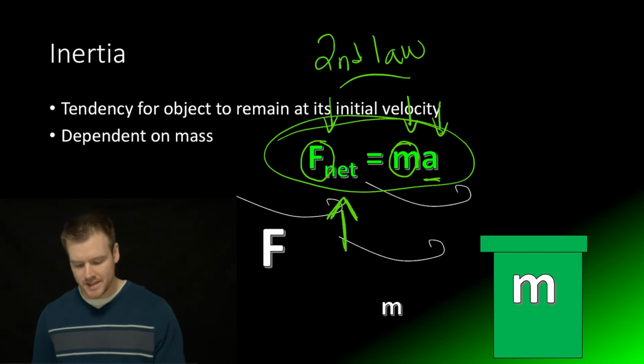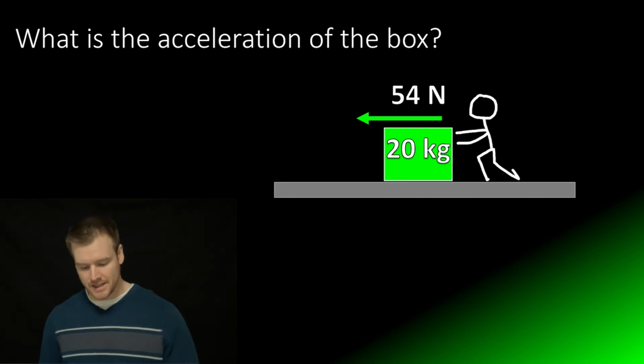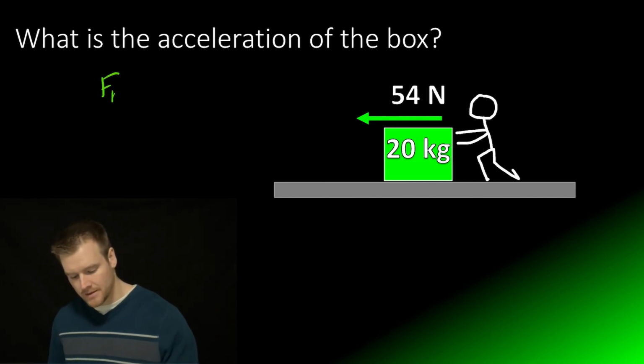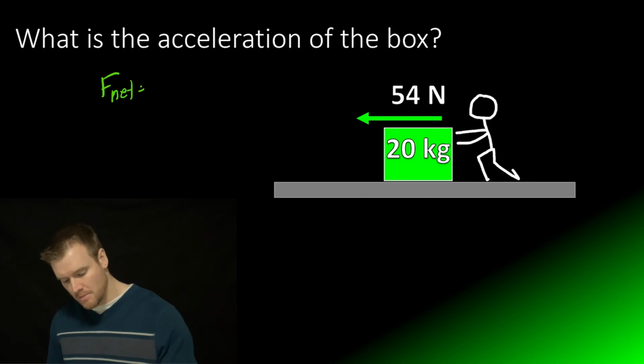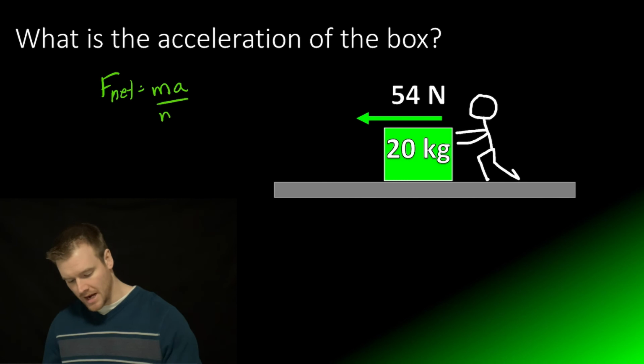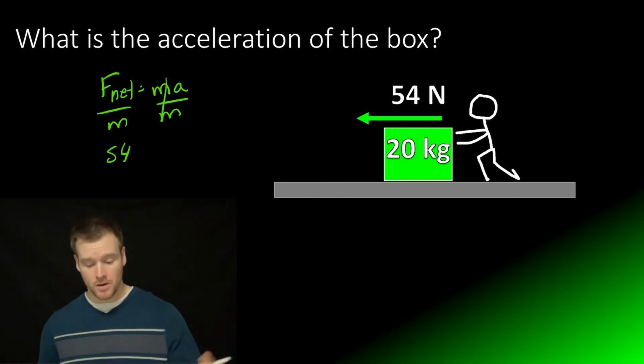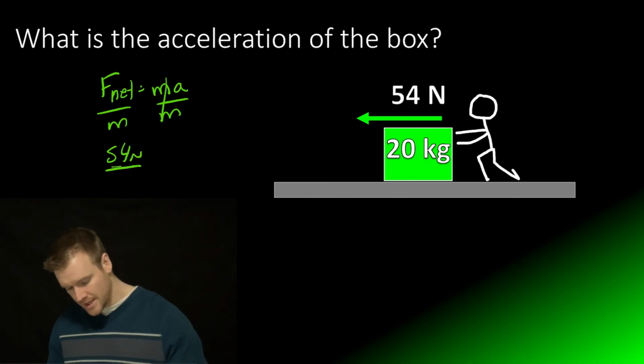So let's just do some quick examples with this. Let's say someone's applying 54 newtons to a 20 kilogram box. What's the acceleration? I would go F net is equal to mass times acceleration. I'm asked for acceleration, so I'll divide by mass on both sides. And I'll just take F net of 54 newtons, because that's the only force I see, divided by the mass of 20 kilograms.